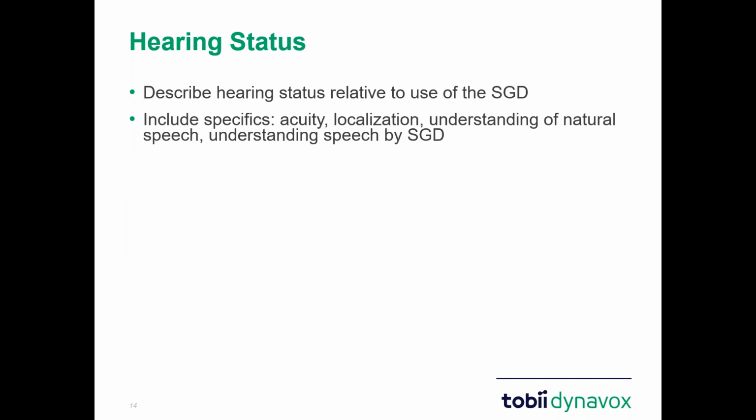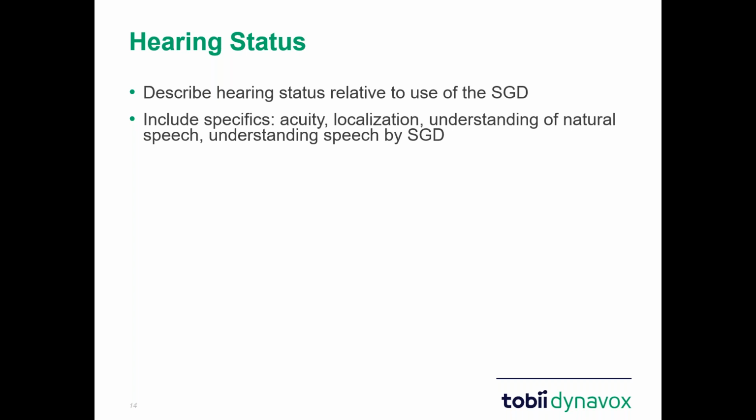Going to hearing status, you're going to be describing the hearing status relative to using the SGD. Again, you do not need to have a formal hearing screening or hearing test to do this. Obviously, you probably did that if you're working with somebody who you suspect to have hearing deficits anyways. You'll probably want that hearing test, but to go forward with the speech or for the device eval, you don't need that specifically.